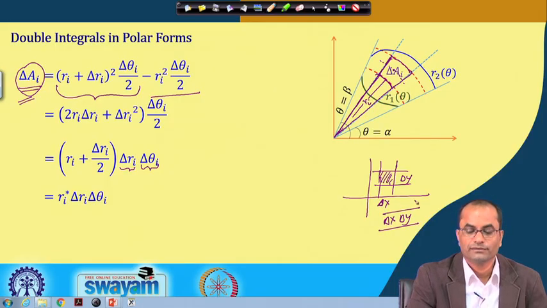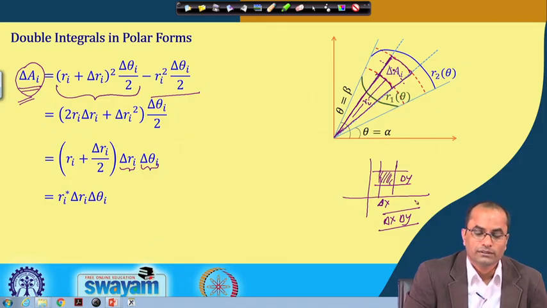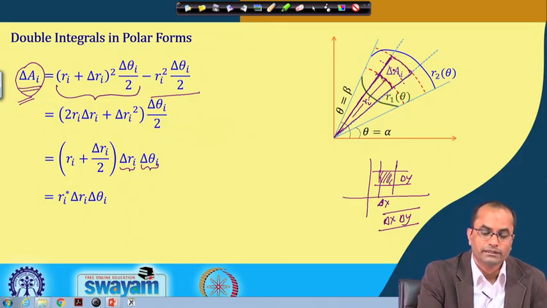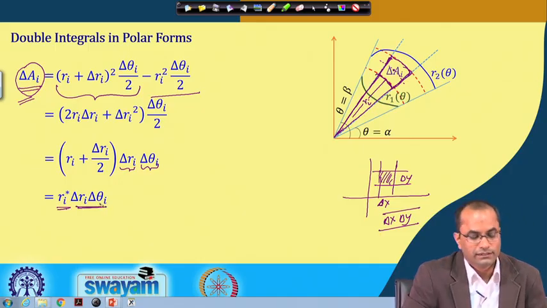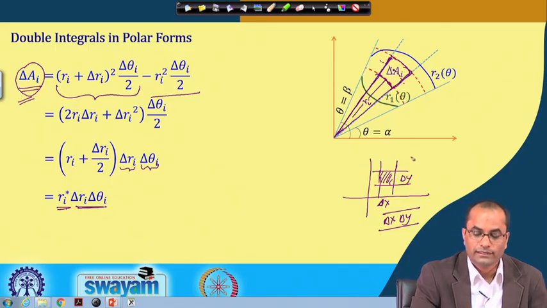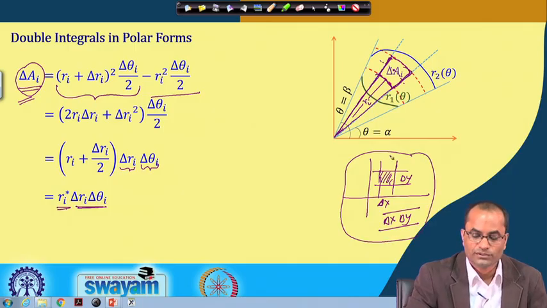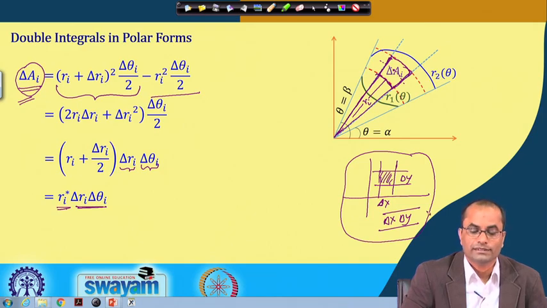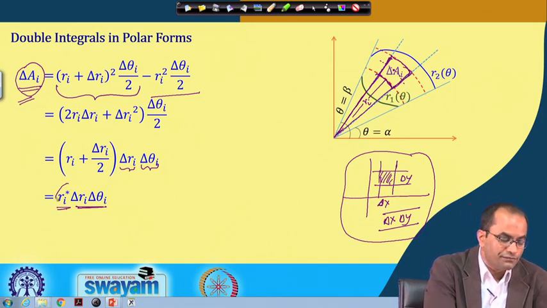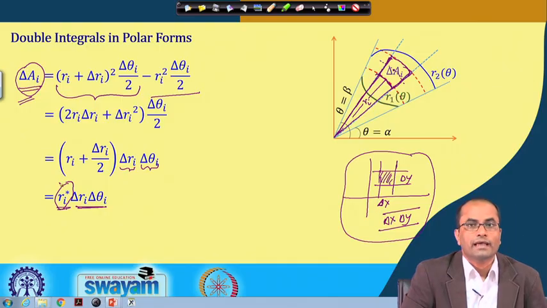But when we are talking about the polar coordinates, the area of this region in this domain, delta A_i, is r_i star times delta r_i delta theta_i, while in the Cartesian coordinates it was simply the product of the increments we have made in the direction of x and in the direction of y. So, here one additional factor r_i has appeared.